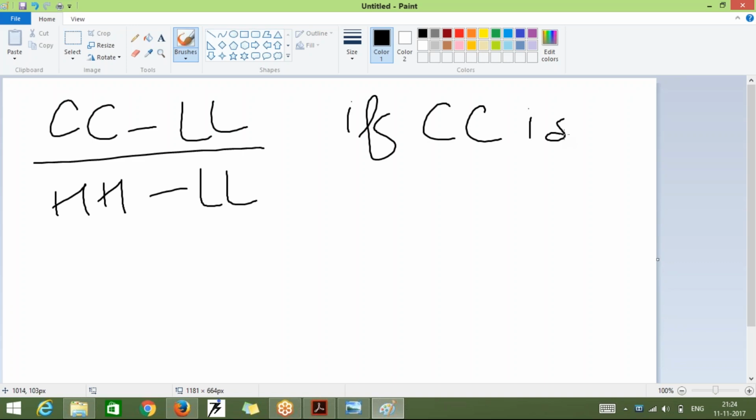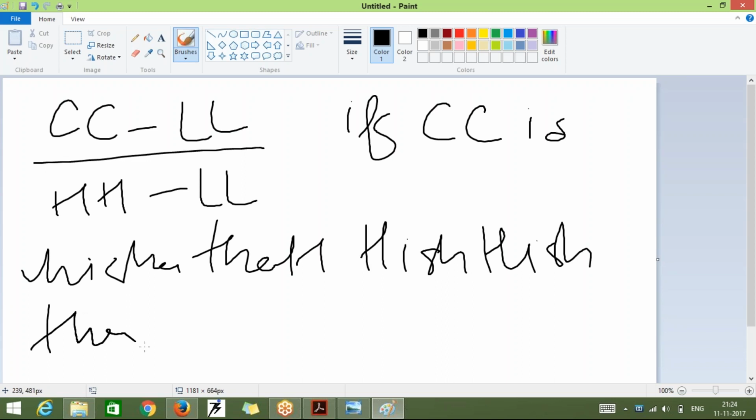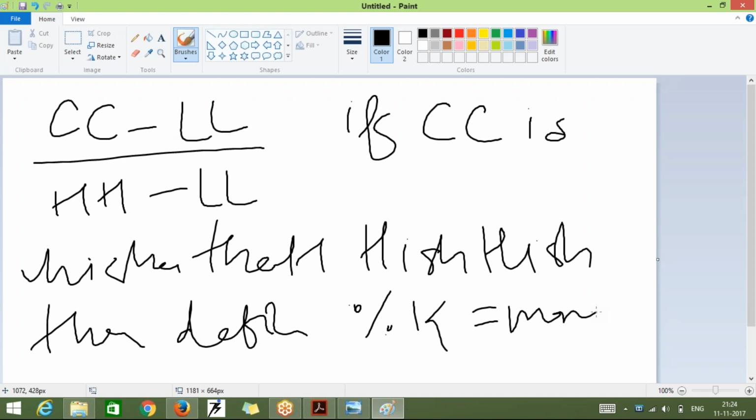So think of it, if current close is higher than the higher high, then definitely percentage K will be more, because CC is in the numerator.